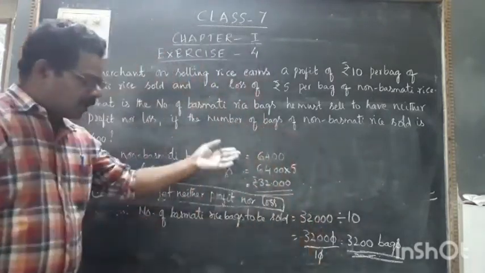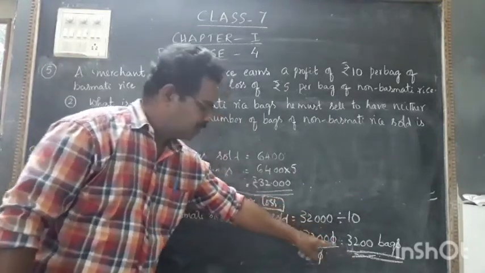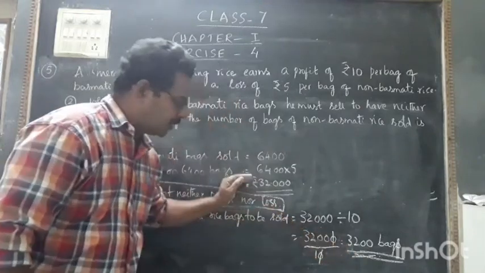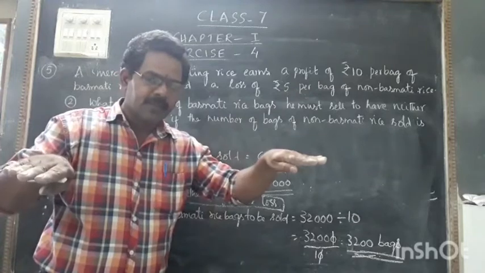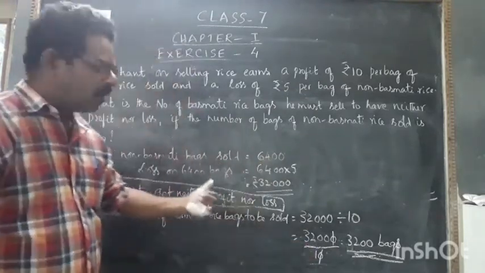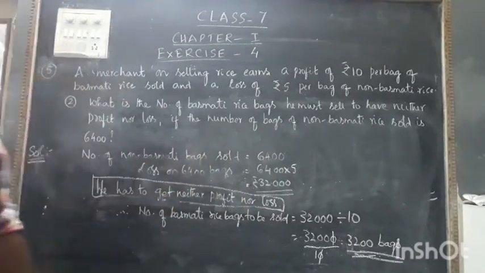He got loss 32,000, at the same time he got profit 32,000. Both are same. So no profit, no loss. Both are equal. Please pause the video and copy the sum. Okay.